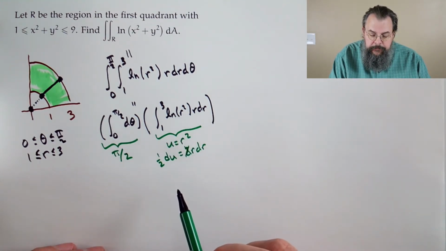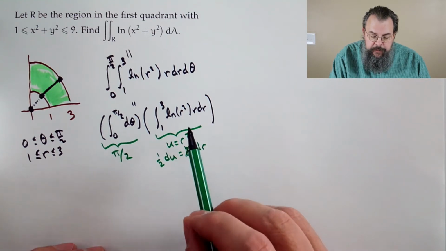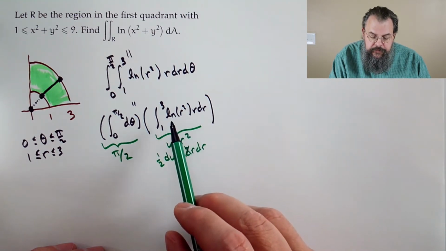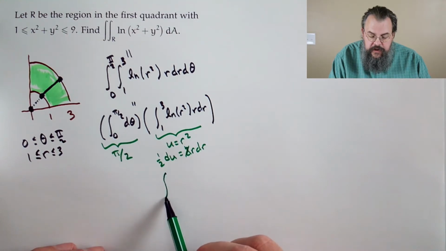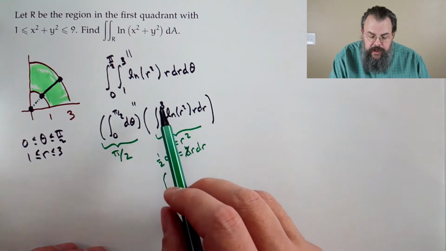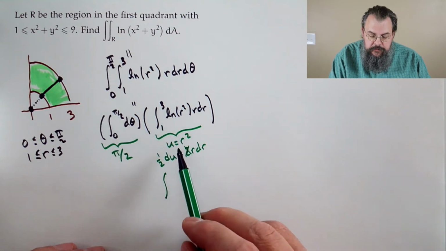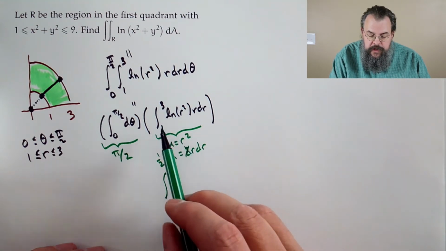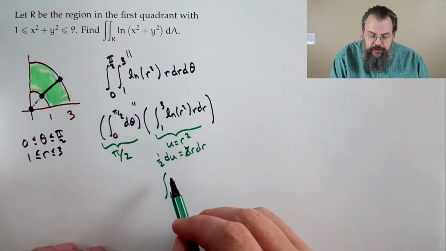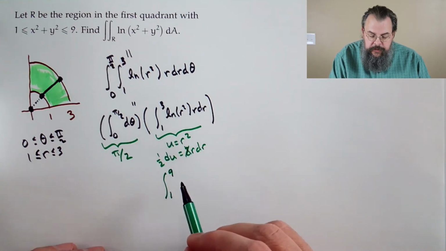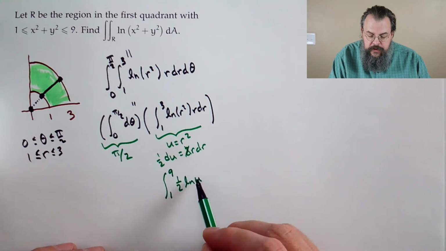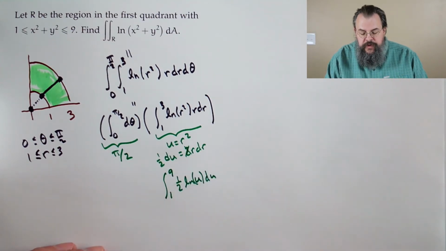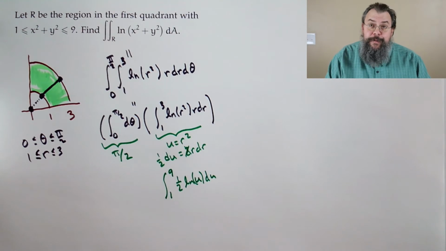And what happens next? Well, okay, this becomes the integral of, what do we have? Well, r equals 1, so as we go from 1 up to 9. And then we have a half log u du.